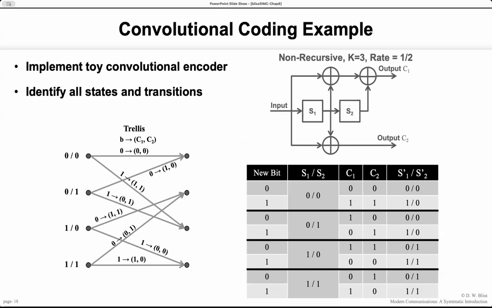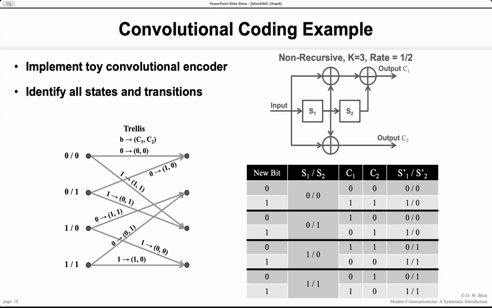So along the first row, it's state 0, 0 on the left and state 0, 0 on the right. So we know that because of the way this thing works, we can potentially transition, if the input is a 0, from the 0, 0 memory state to the 0, 0 memory state.